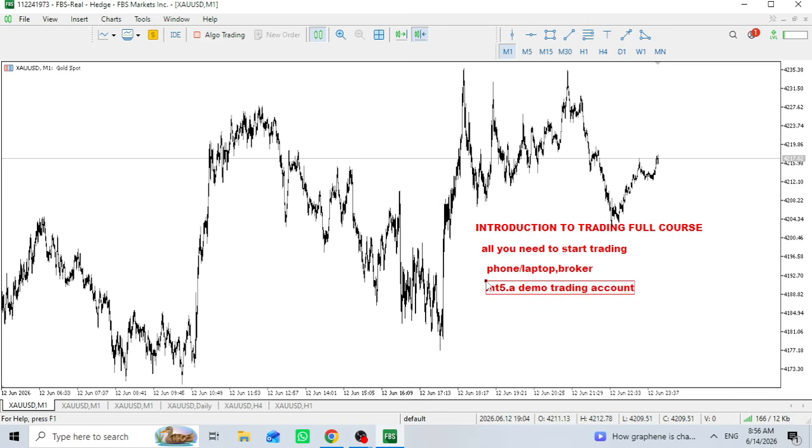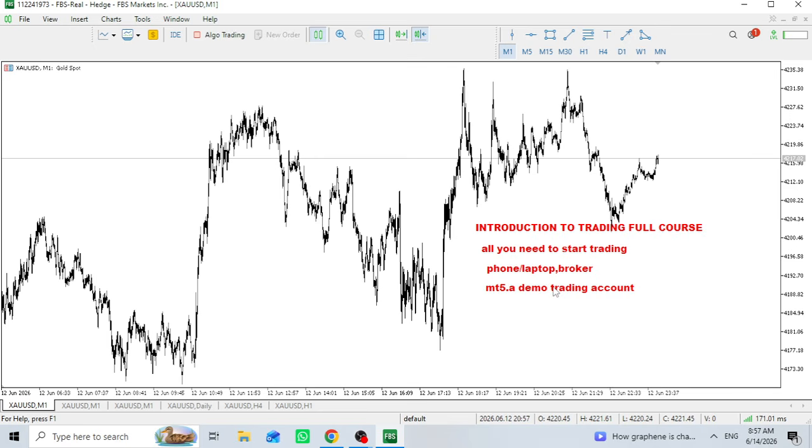After you open an account, the broker will provide you with MT5. You can download directly from the MT5 website, but the best way is to download your MT5 from the broker you are using. Remember, your broker should be verified.